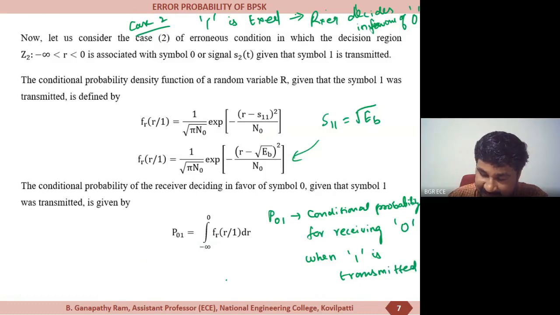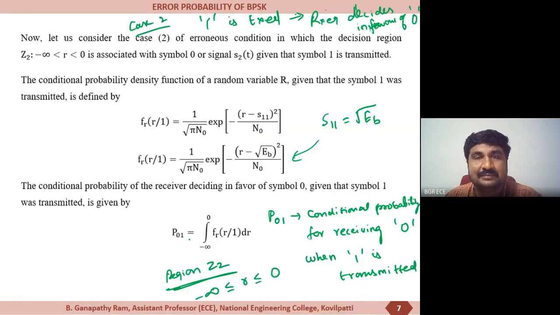The 0 is detected in the region Z2, that is from minus infinity to 0. That is why the integration limits are from minus infinity to 0.